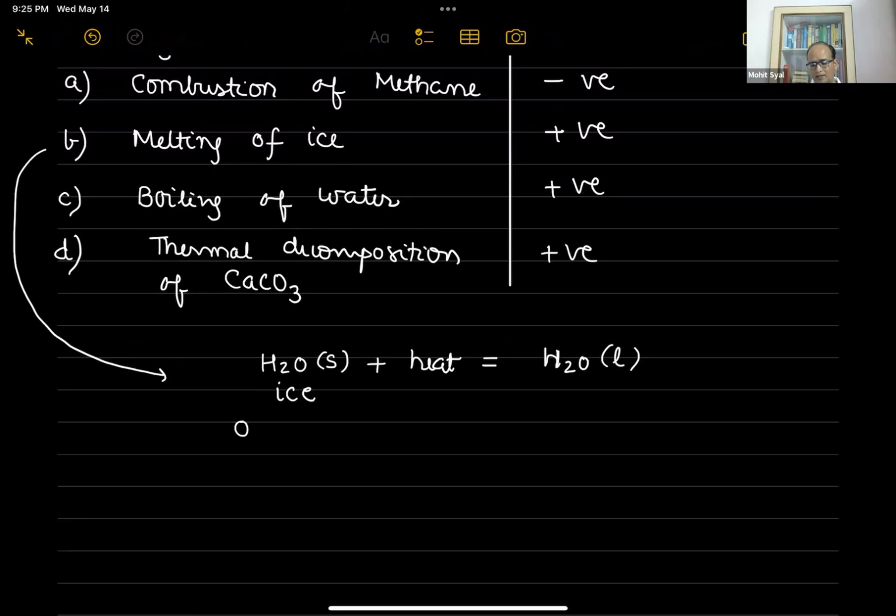Or I should write it like this. Don't write heat as reactant or product. This is one and the same thing. Normally we follow this kind of terminology.